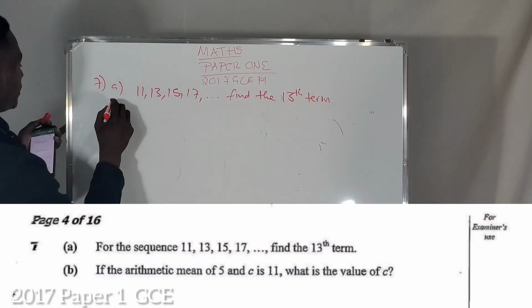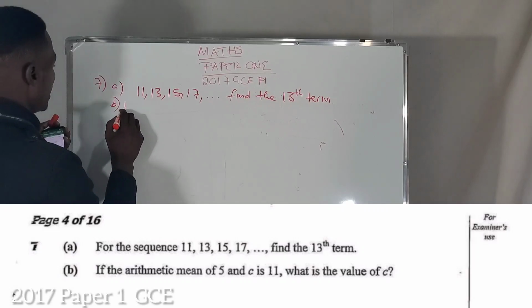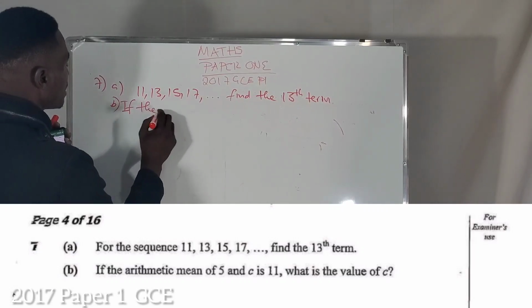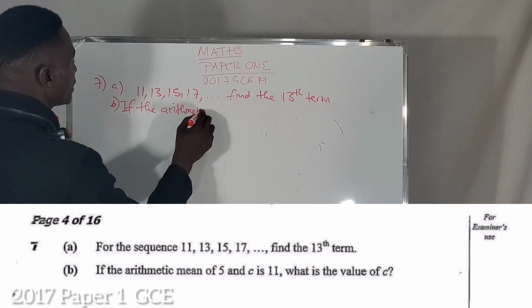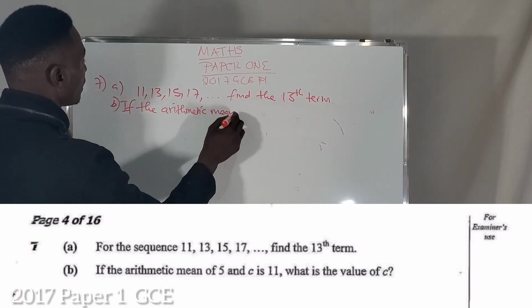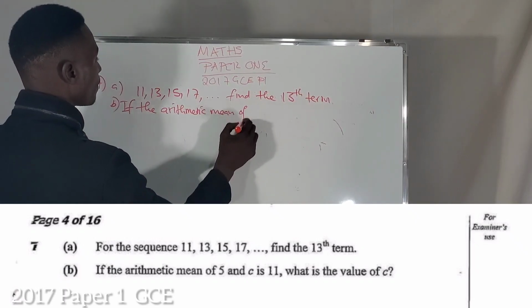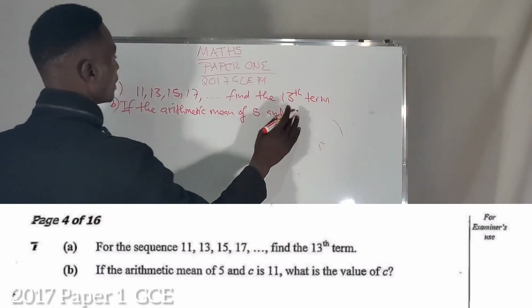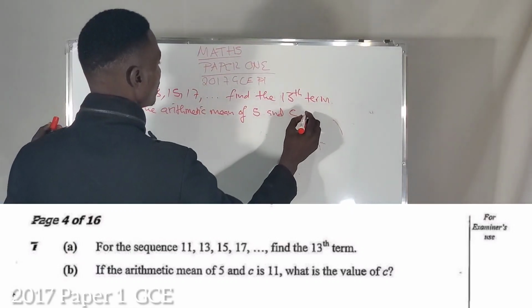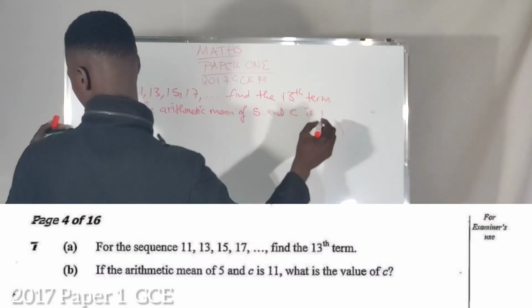And then the second one, let me write, they're asking us if the arithmetic mean of 5 and C is 11.